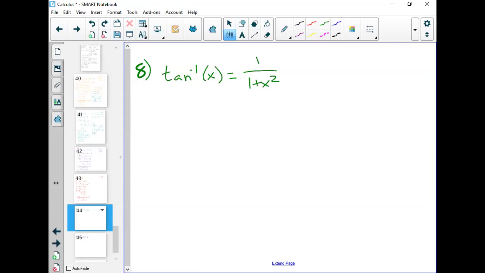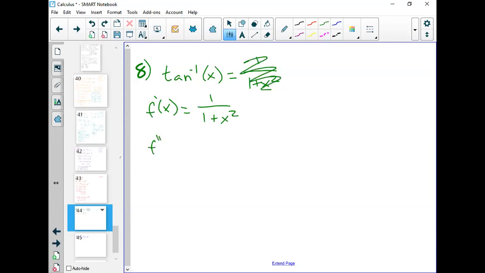Sine inverse and cosine inverse, there's a square root at the bottom, and for one of them it's positive and the other one it's negative. I never remember, but there you go. So this is the derivative, so let's make sure we write this out right. F prime of x is equal to 1 over 1 plus x squared.